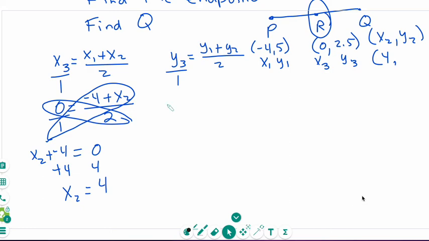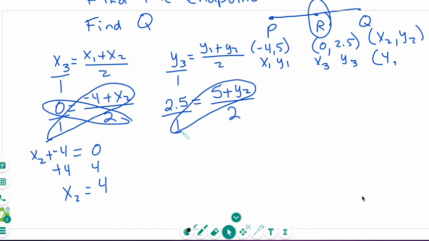Y3 is 2.5. Y1 is 5. Plus Y2, I don't know what that is, so I'm putting my variable in. Divided by 2, 2.5 over 1. Go ahead and do my butterfly and commutative all at once.